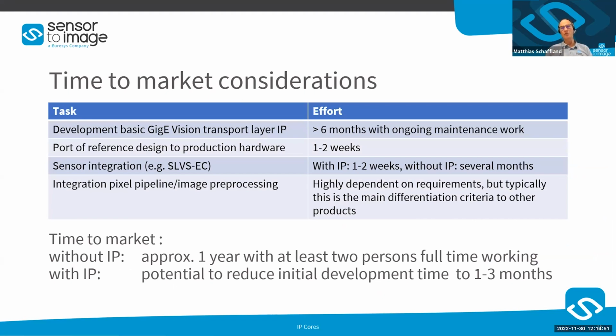If you really know what to do and have a clear picture what your IP should do at the end, this is at least 6 months of initial work, but with ongoing maintenance work as well as the standard evolves. And if you have an IP, there might be additional feature requests and so on. So there's ongoing maintenance work you have to consider.